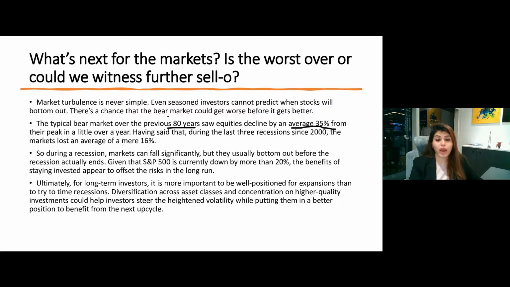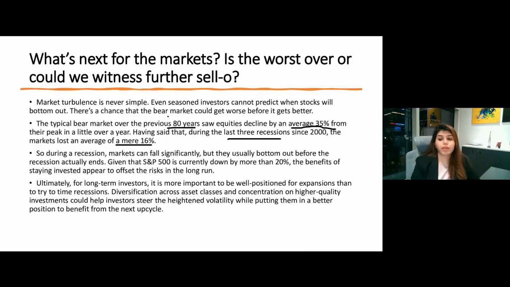But if I analyze what happened during the last three recessions, since 2000, the markets lost an average of a mere 16%. Currently we are already down 20%, and the average for the last three recessions has only been 16%. So maybe we've already lost a lot.